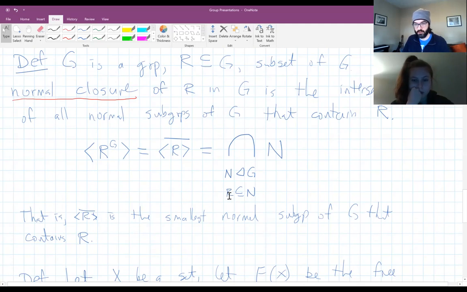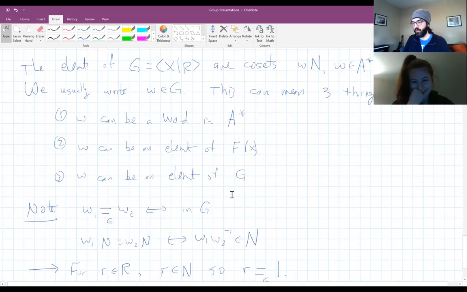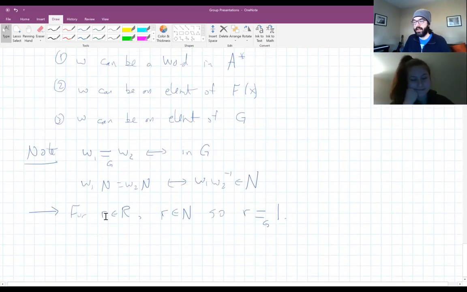Okay. If little r is an element of this set, it has to be inside this closure. Remember, this was just equal to the normal closure of R.